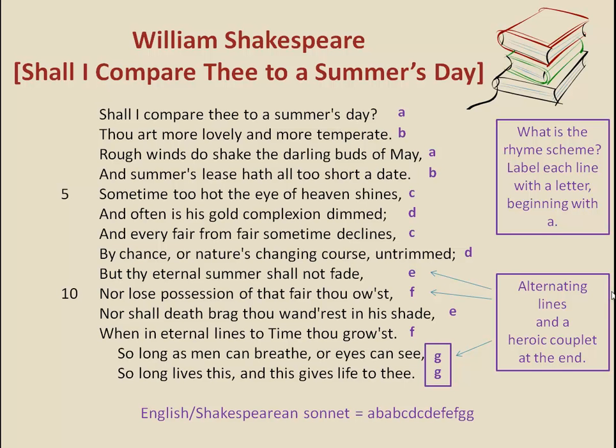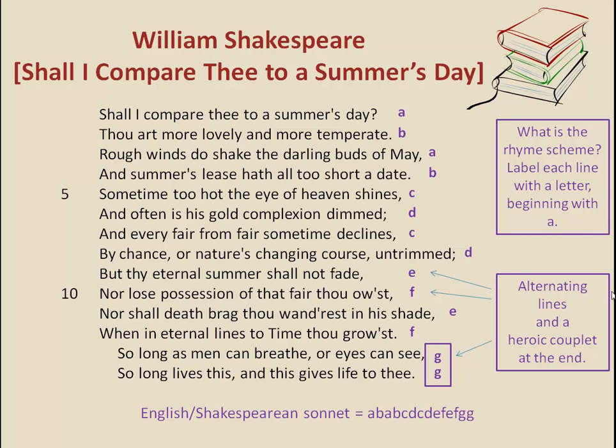Throughout it alternates its rhyme. Every other line rhymes. It happens to be in quatrains, even though this poem was not divided into separate stanzas. We can see the quatrains that exist because we have AB, AB. Those all go together. And then we have a new rhyme scheme brought in, CD, CD. So that's how you can see the quatrains, or the 4 lines.